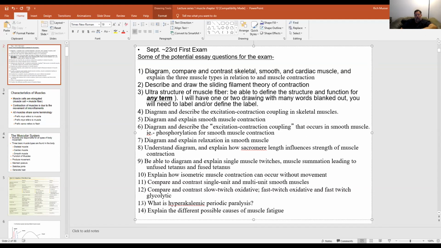You can look them up online, or you may, like this one, hyperkalemia. I haven't talked about that. You'll need to look it up. I may provide a little bit more lecture on these two here. But this is the essay portion of the exam.